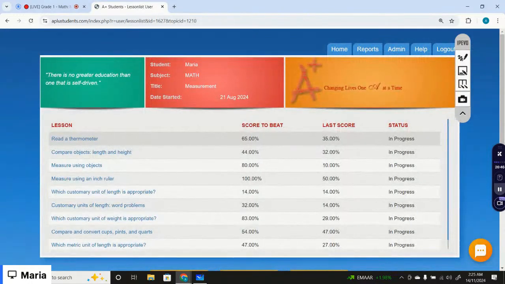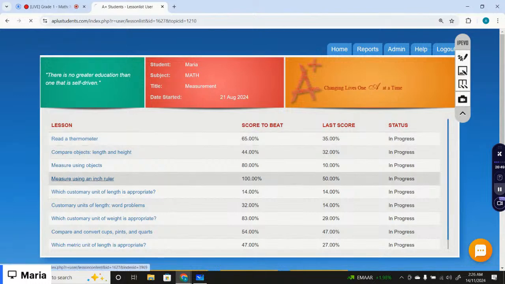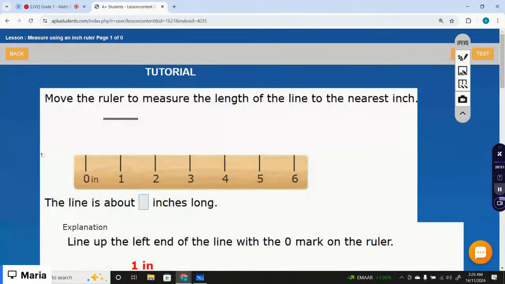That is measure using an inch ruler. That is exactly the right way to measure things. Place the ruler with a line and measure the length of the line.